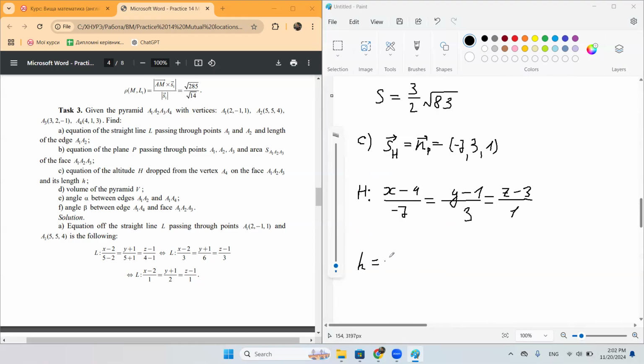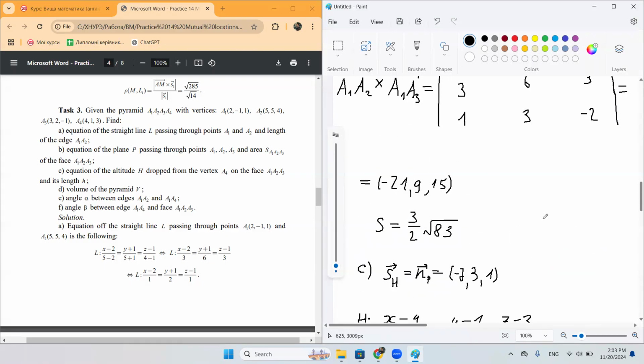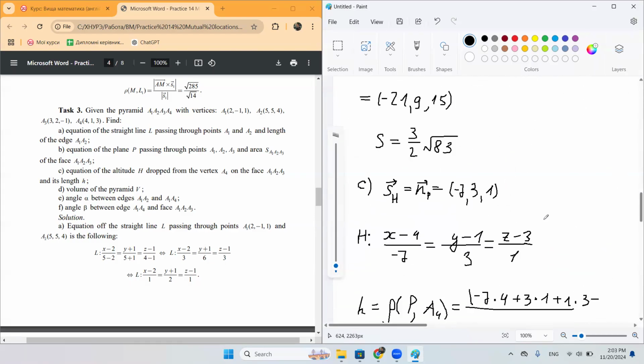So yeah, finding it as the distance between point P and A4, not M. So it is the following: (-7/4) plus 3/1 plus 1/3 plus 16.